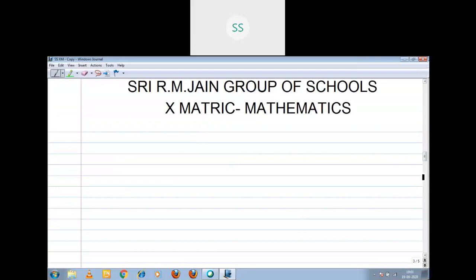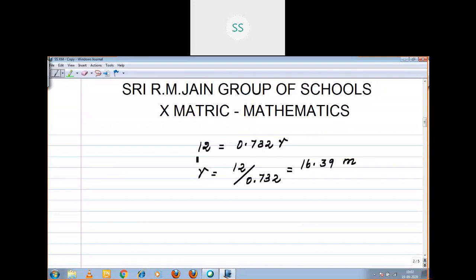You have to multiply both numerator and denominator by 1000. I will show you the division part. 12,000 divided by 732. How many times 732? One time. So 7, 3, 2, 3, here 6, then it becomes 11, 4.